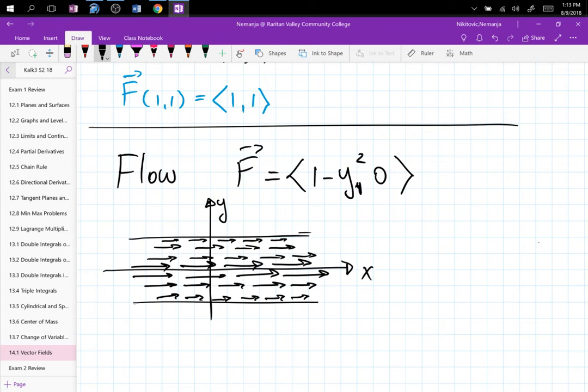You just have to remember that you are in charge of picking points, and as soon as you pick an x and a y, you will place those where they belong as x and y variables in the formula, and you will come up with a vector, which is going to be numbers, and then you're going to graph that vector.